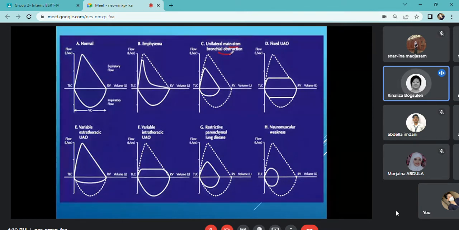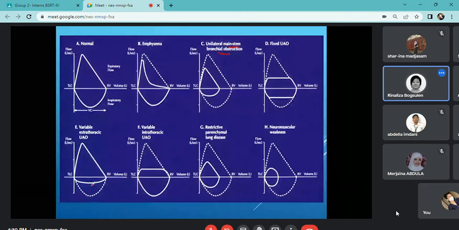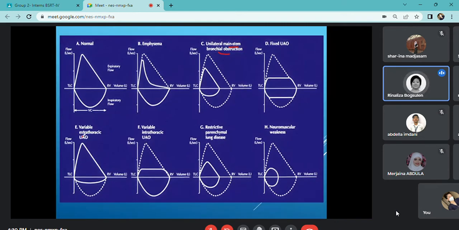Main stem bronchial obstruction ang tawag dyan. 'Di ba? Extrathoracic. Ito, both are actually truncated. So, fixed upper airway obstruction. Ito, mas malala. Mas pronounced yung nawala dito sa baba as compared dito. So, extrathoracic, again, upper airway obstruction.